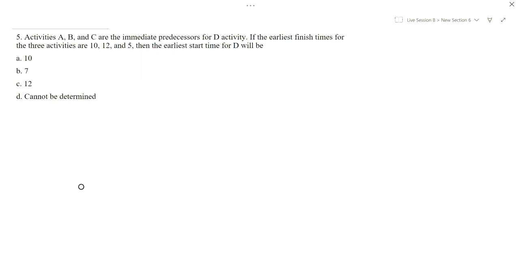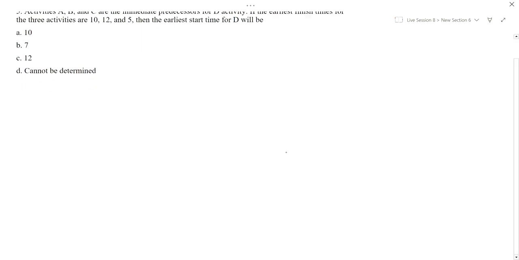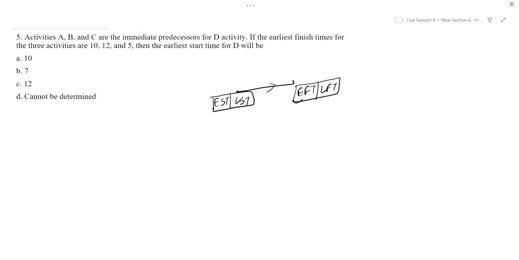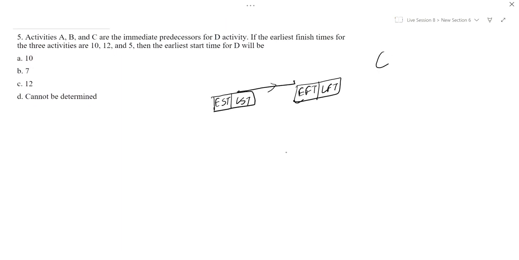Now we'll understand. If this is an activity, it will have earliest start time, late start time, earliest finish time, late finish time. Now, as per the question, this is a CPM method.